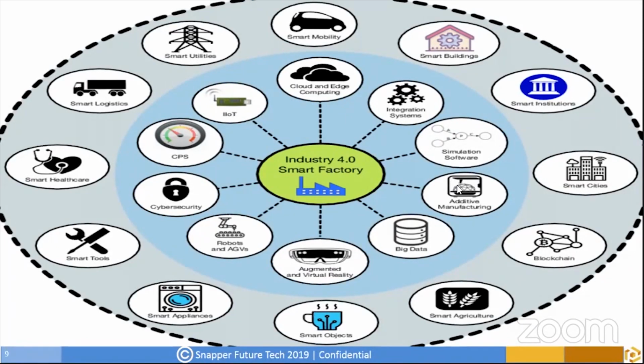Now, when you talk about additive manufacturing, additive manufacturing is nothing but the 3D printing that we know about. Basically, the best example that I would take right now is an aircraft's fuel nozzle. Before, the aircraft fuel nozzle was comprised of 18 different parts which had to be manufactured separately, and then they had to be put together.